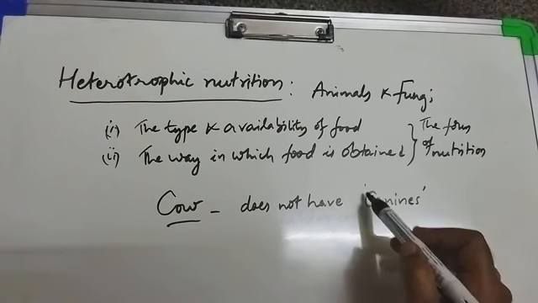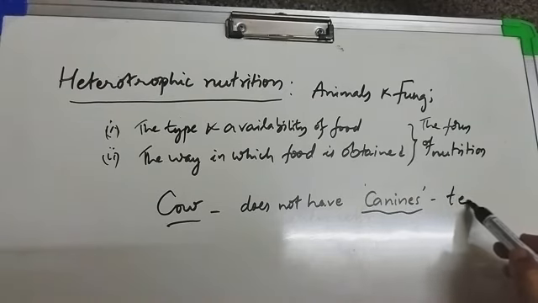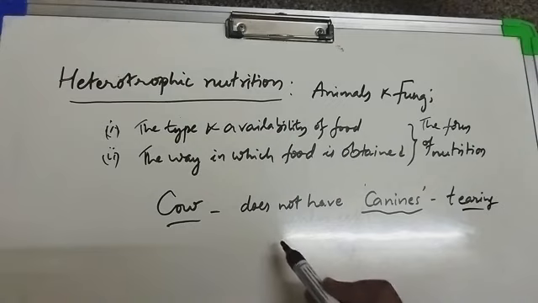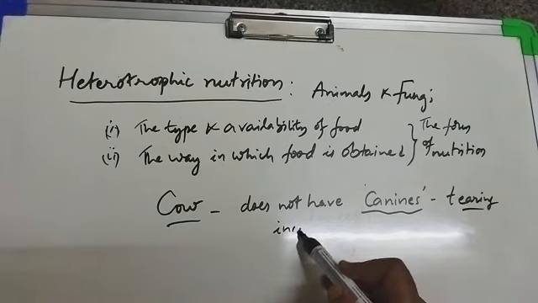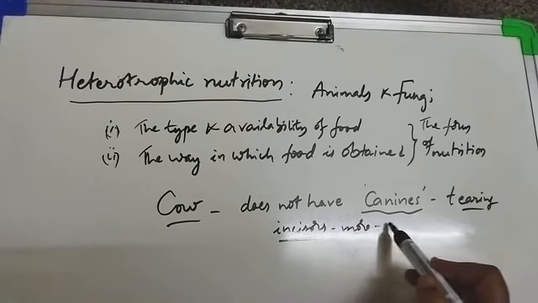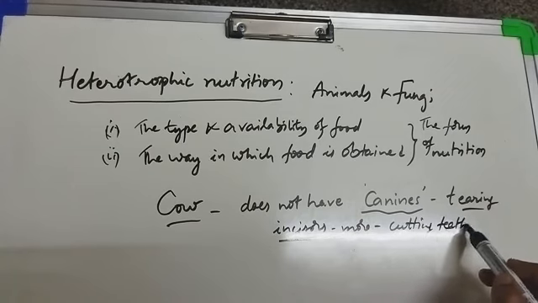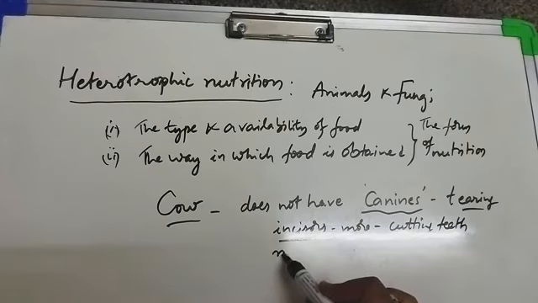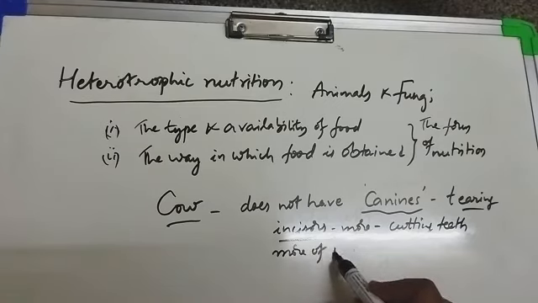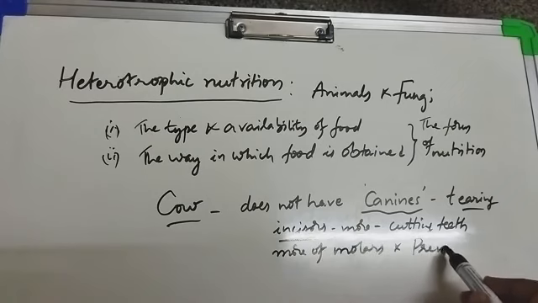These are the special teeth used for tearing. It will have more incisors, which are cutting teeth, to cut the grass, and more molars and premolars to crush it.